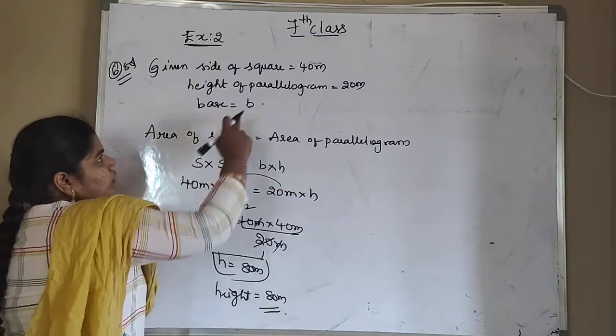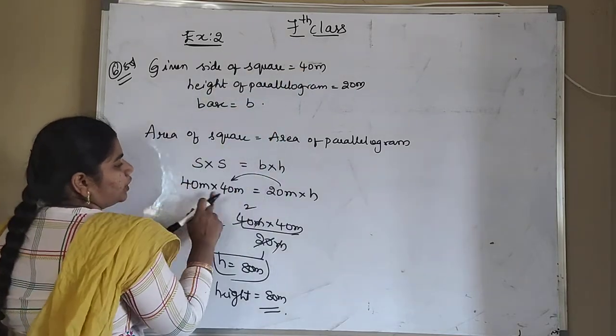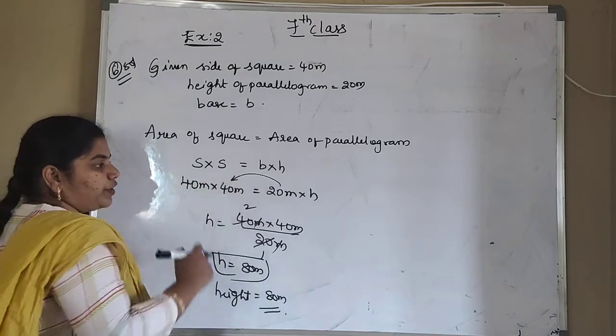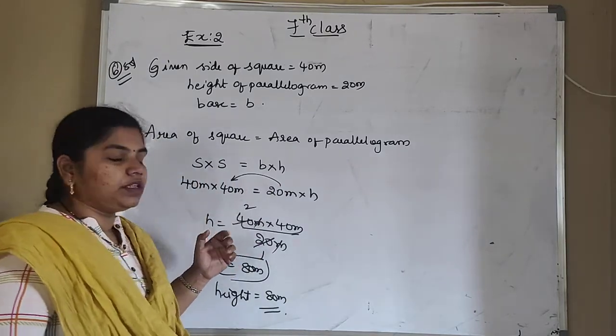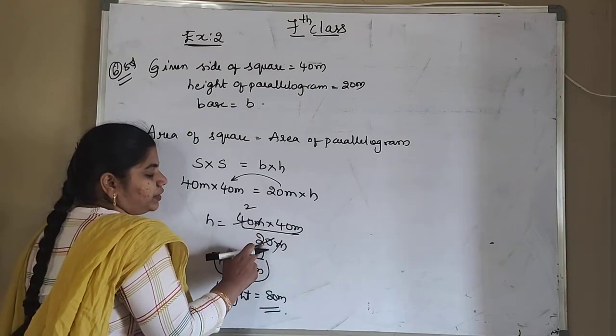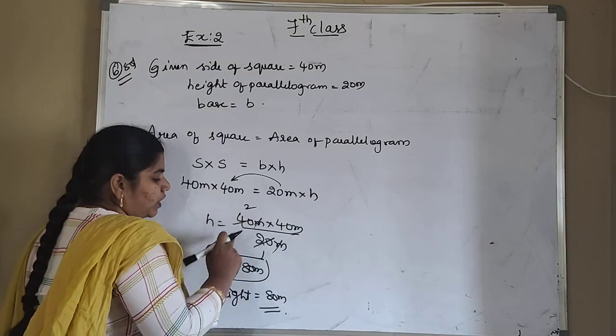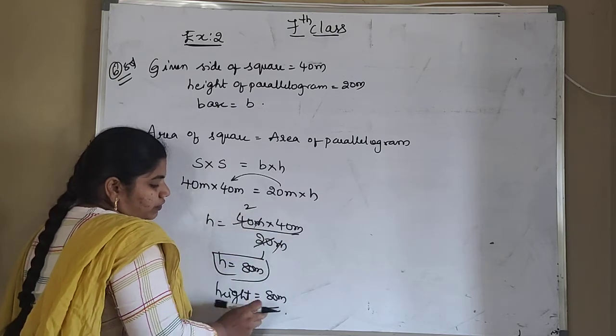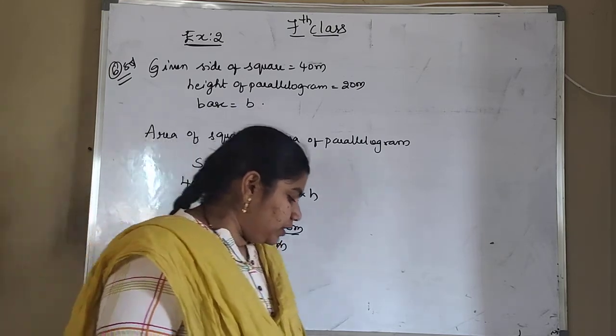The side value is already given as 40. So 40 into 40 is equal to 20 into height. Now transpose this 20 to the other side, that will be in the form of division. So meter will get cancelled. 20 twos are 40. So what is the height? 2 into 40 is 80 meters. So you got the height value as 80 meters here.